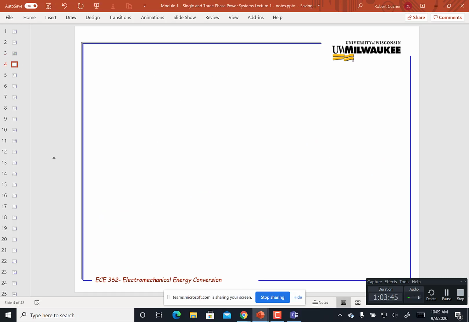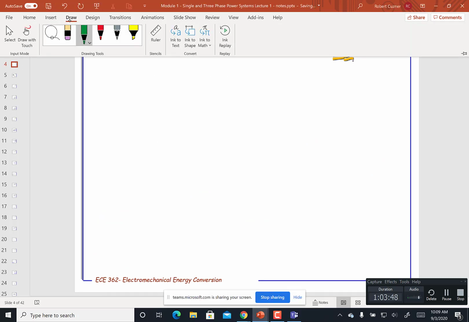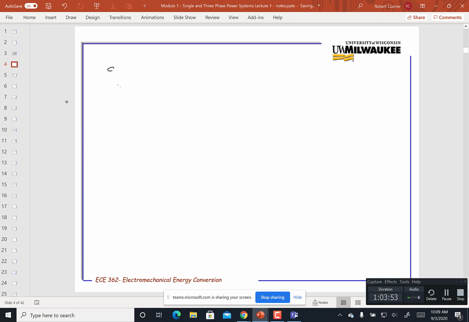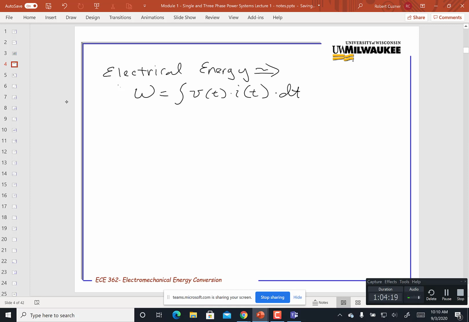So electrical energy is what? Basically, we use W here. It's the integral of the voltage, which is changing with time, multiplied times the current, integrating that with time, and that would be electrical energy.